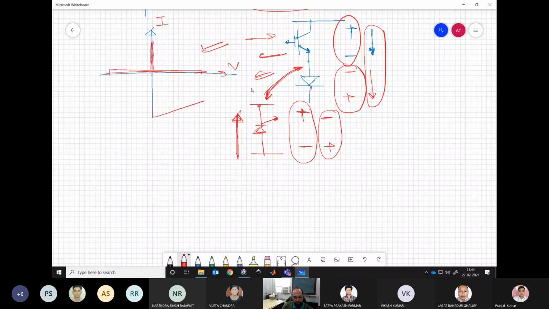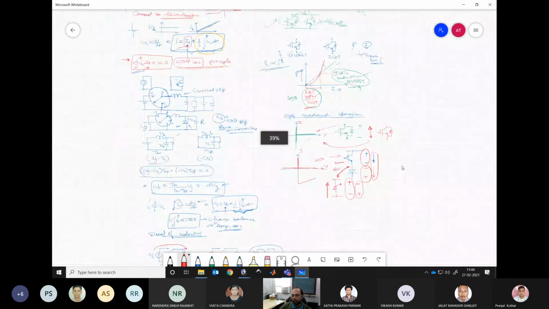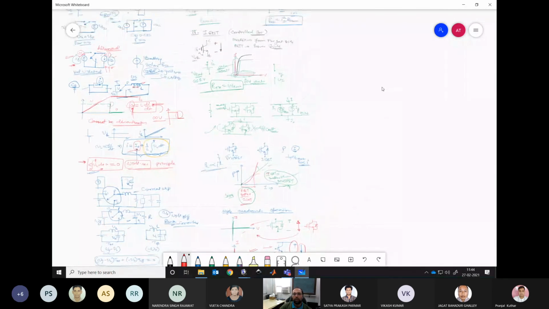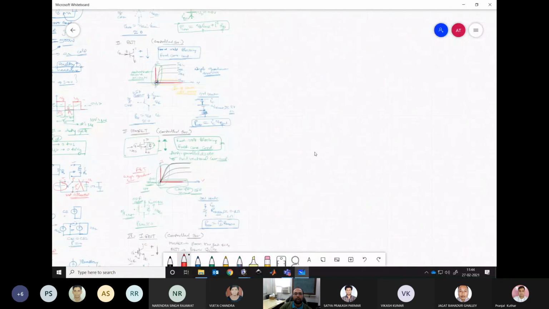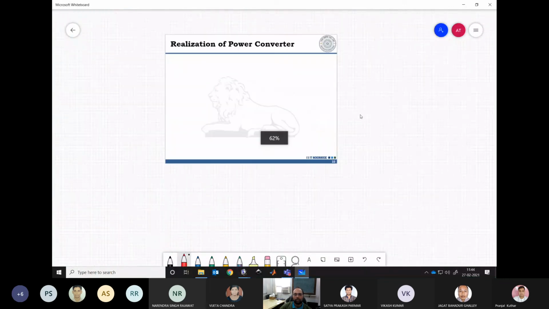So with this, now we are ready to realize our converters. The realization of the buck, boost and buck-boost converters, what we have seen. Systematically we will see what the requirements are for those, and then we will realize them.